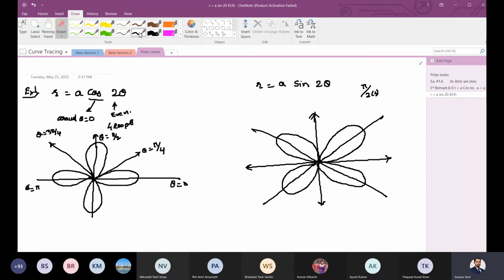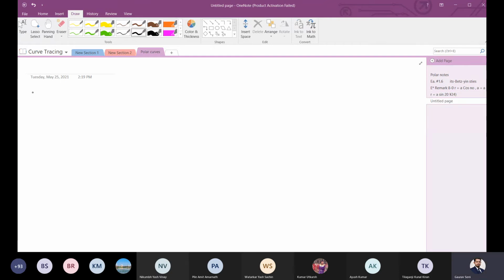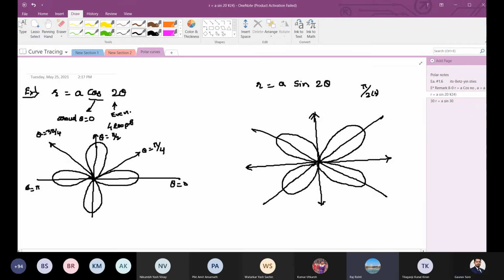What happens if we take an odd? Third one. This you can do the detailed study later. Sine 2 theta, it should be like on pi by 2, no? What pi by 2? Sir, it should be on the y-axis, no loop. No, I said that the first loop will be around pi by 2n.